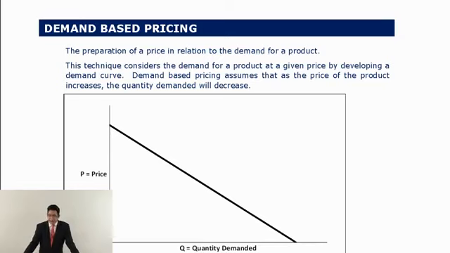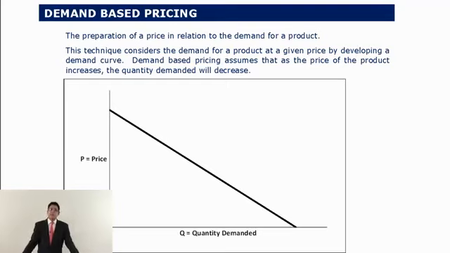We can have a look at this graph, which you can see as a chart line on the screen, which is the demand-based pricing, and this is called the demand curve.